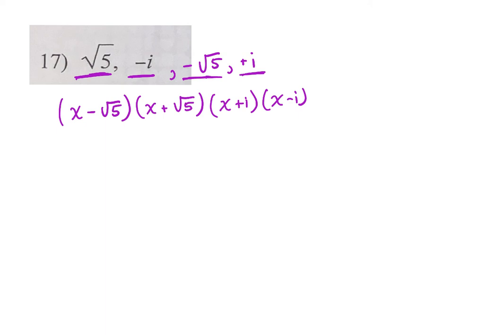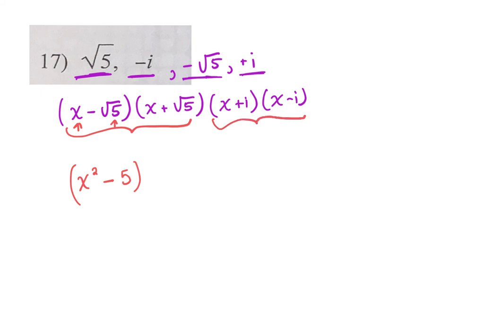So when I FOIL these two here, because it's the same thing but a plus minus, all I have to do is square the first guy. Well, that's just x squared. Subtract. You always subtract when it's plus minus. And then what is square root of 5 squared? 5. So this is going to be x squared minus 5. The same thing really happens over here.